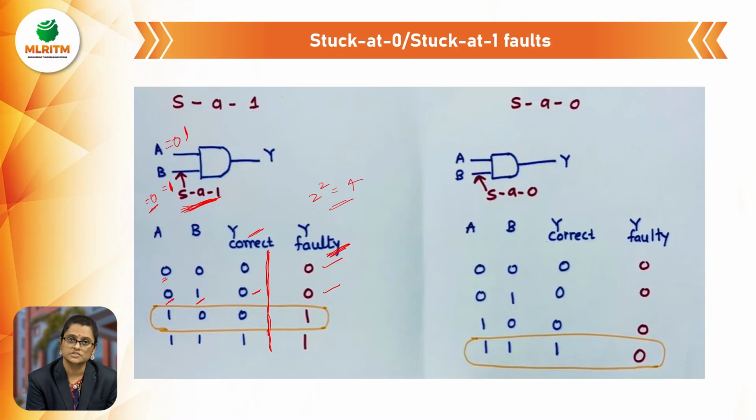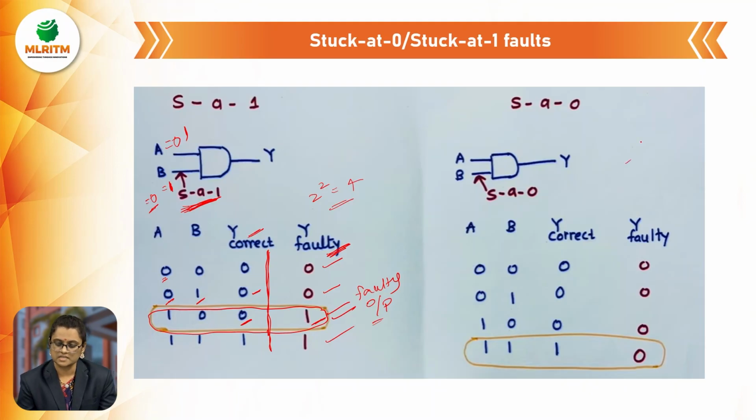It won't take the 0 value here because B is stuck at 1. So our input combination is now 1, 1. For 1, 1, the output will be 1. And then A1, B1, again the output is 1. So according to this, instead of 0 we get 1. So this is the faulty output. At the 1, 0 combination, we get the faulty output.